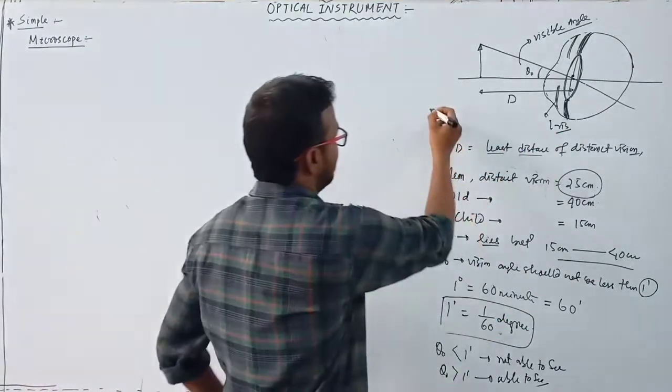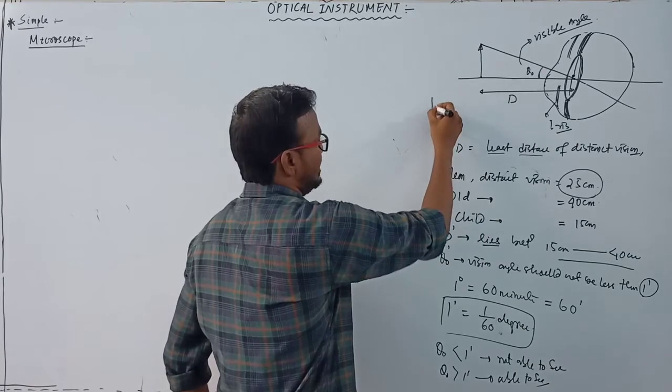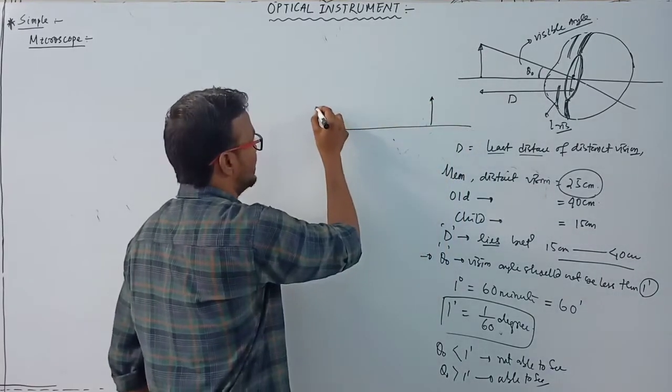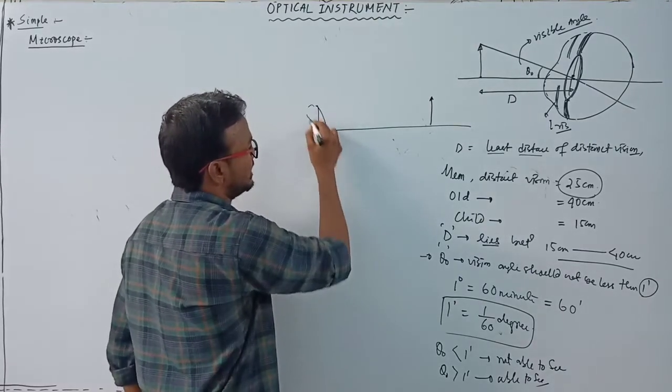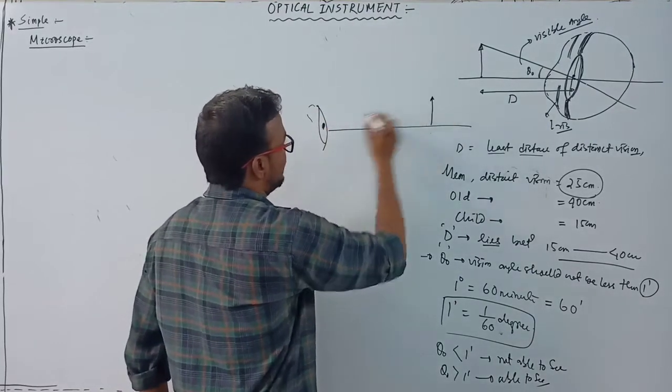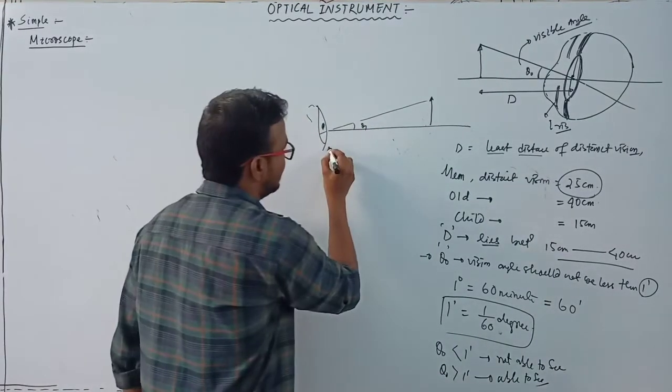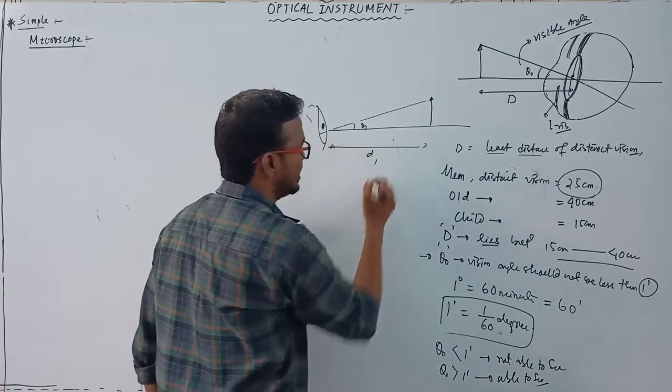Clear? Suppose there is an object like this. If we observe from this point, then this object makes an angle. Suppose this angle is theta 1 and this distance is d1.